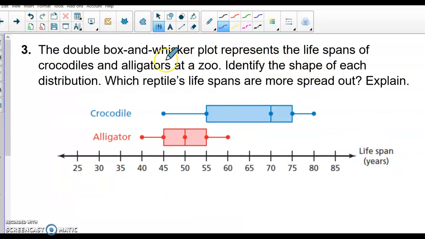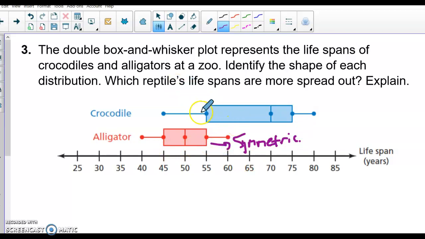So if you look at the double box and whisker plot that's shown here, it's color coded for you. The crocodile is blue, the alligator is red. It represents the lifespans of crocodiles and alligators at a zoo. Identify the shape of each distribution. To me, the one thing that pops out is the alligator. Alligator looks symmetric, so I'm just going to write symmetric for the alligator on here, because what do I have to lose? So that's symmetric.